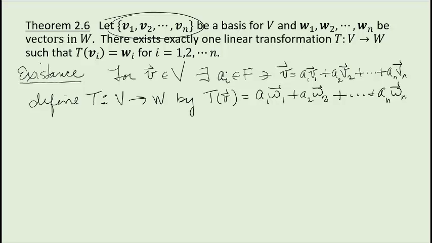We will do both things at once this time. So we have to prove that T is linear.